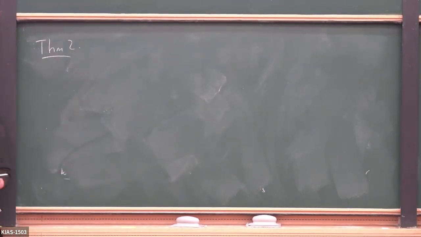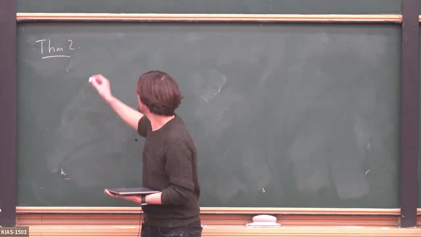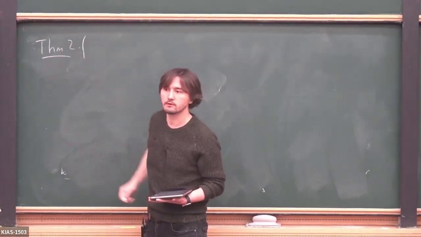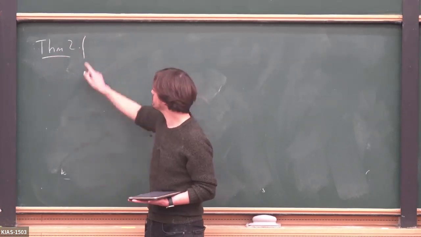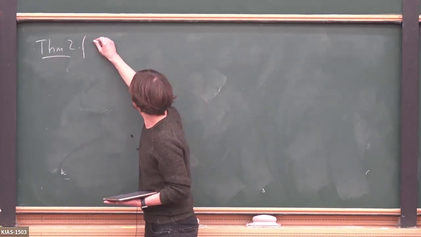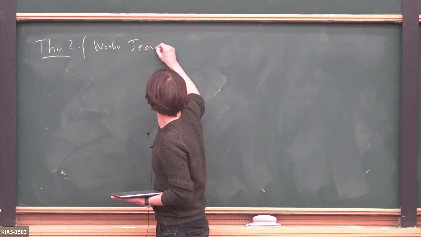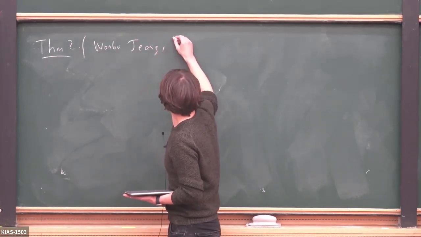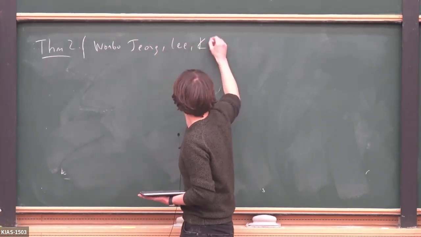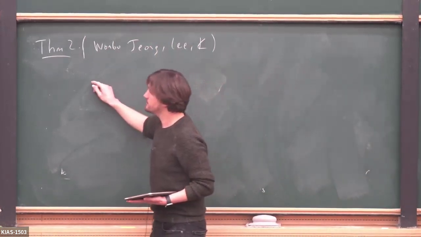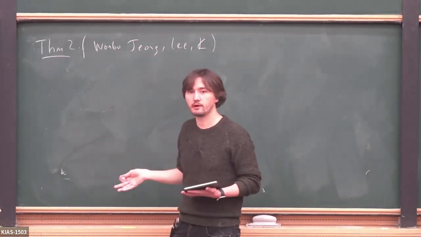Second theorem. This is work in progress, already uploaded on arXiv, with Wonbo Jeong, Sangjin Lee, and me. It is about the compact Fukaya category.